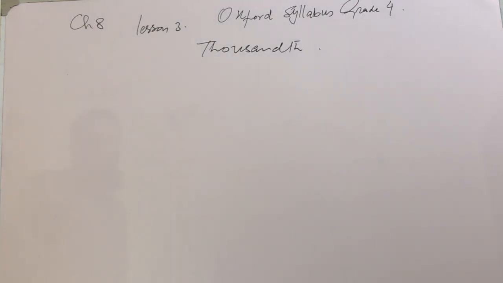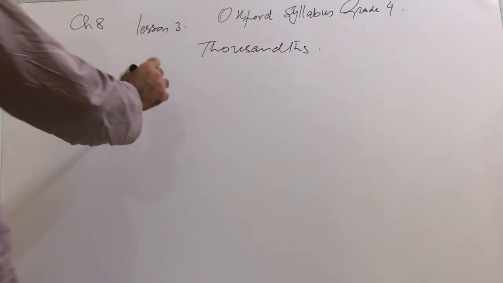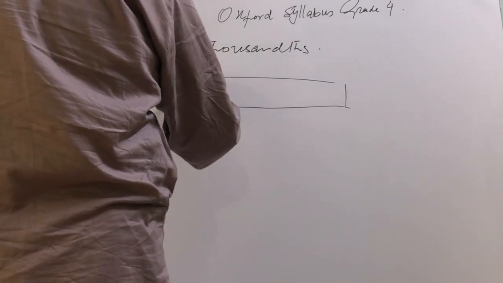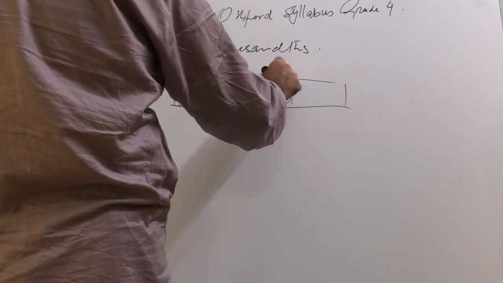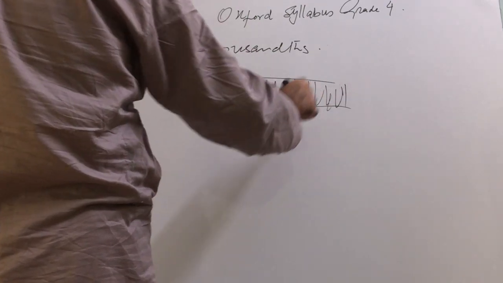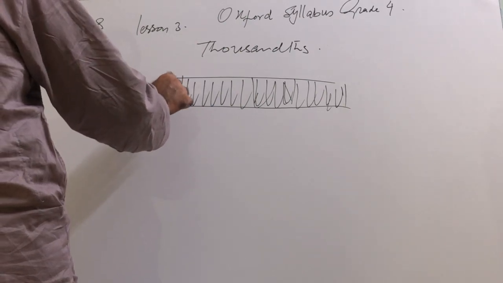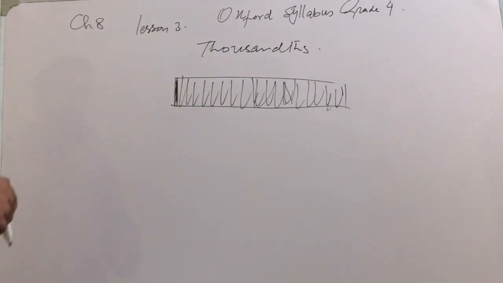The topic is thousandths. The way we discussed before about tenths and hundredths, similarly, it is thousandths. It means that if you have a chewing gum bar and you make 1000 pieces out of it, small pieces, the one part that you get will be the thousandth part.